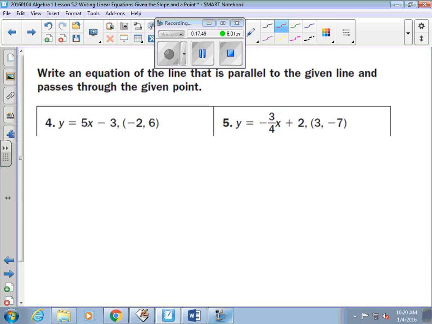Number 4, these say these lines are parallel. We're going to do them the same way. You need to know, since they're parallel, they have the same slope. That means this m value then is 5. So it's just like 1, 2, and 3.